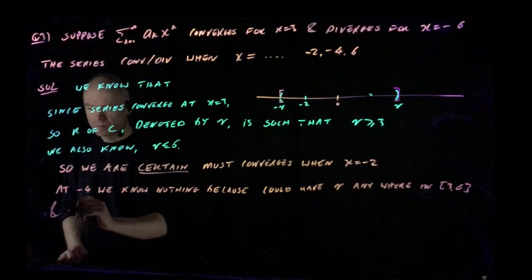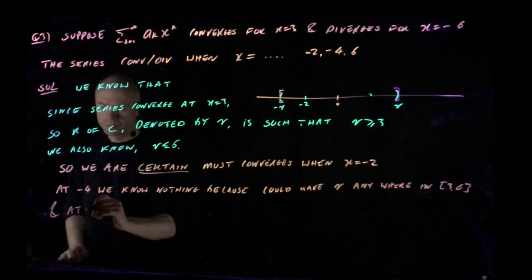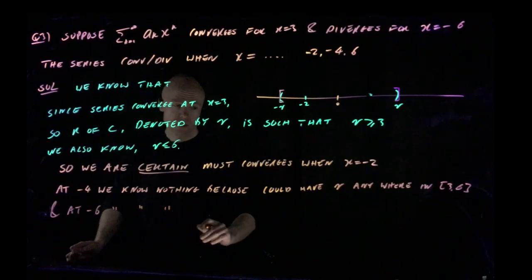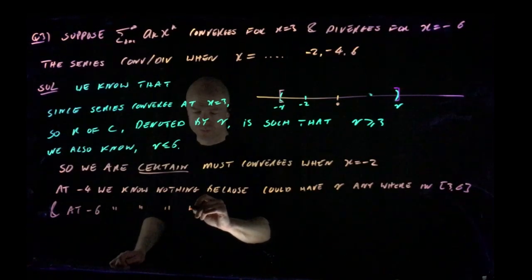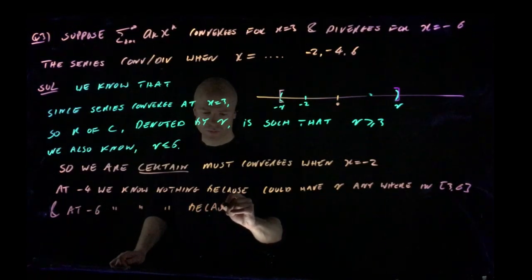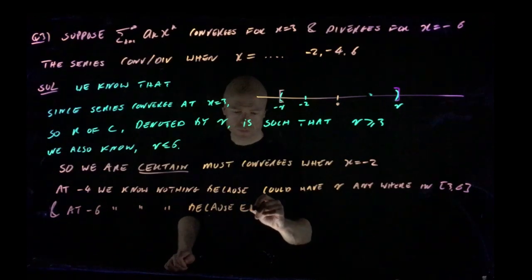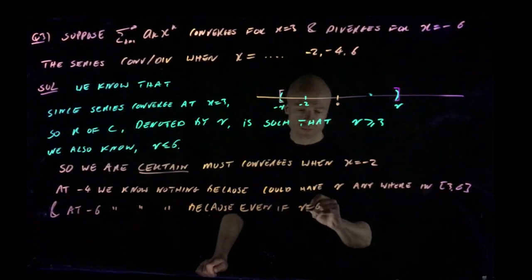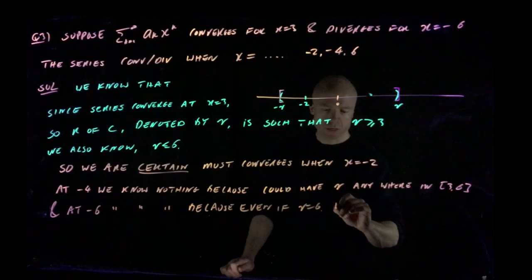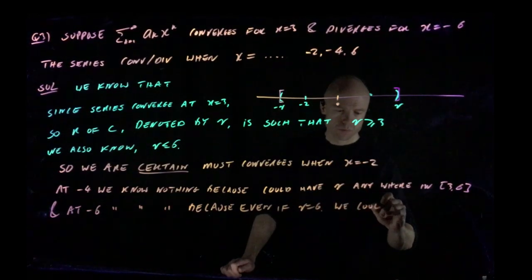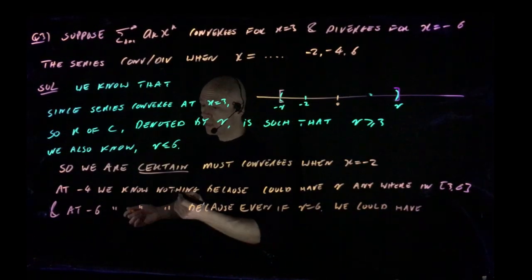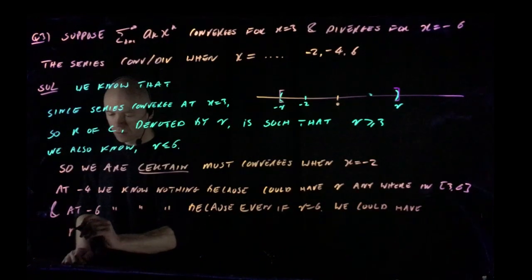And at -6 we still know nothing, because even if r equals 6, we could have any kind of interval of convergence.